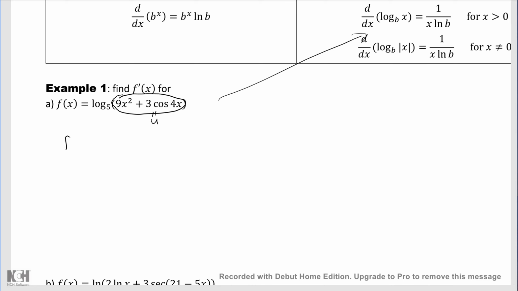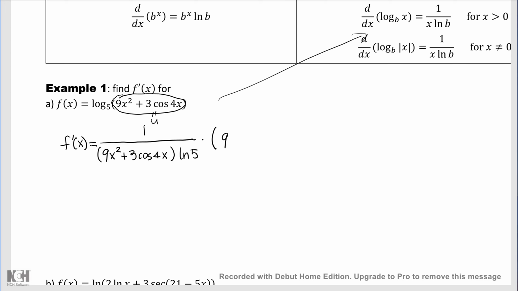So we do f prime of x equals 1 over u. u is 9x squared plus 3 cosine 4x. This is u times ln of b. b is 5. And then at the end, you multiply by u prime.